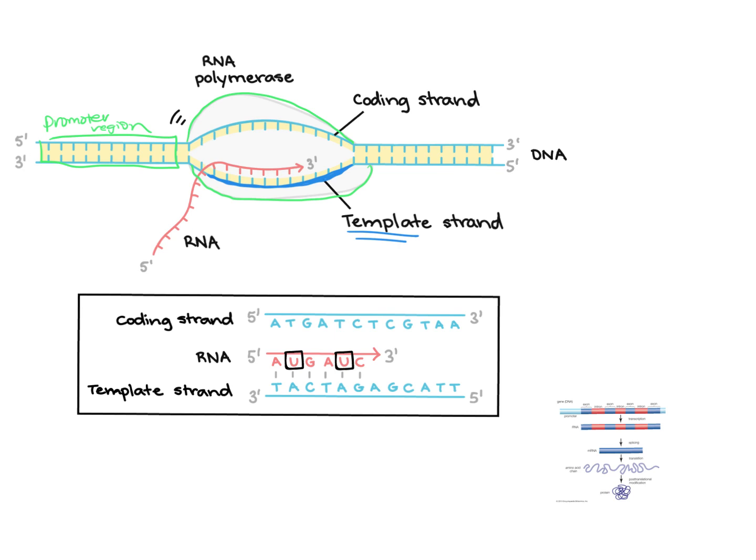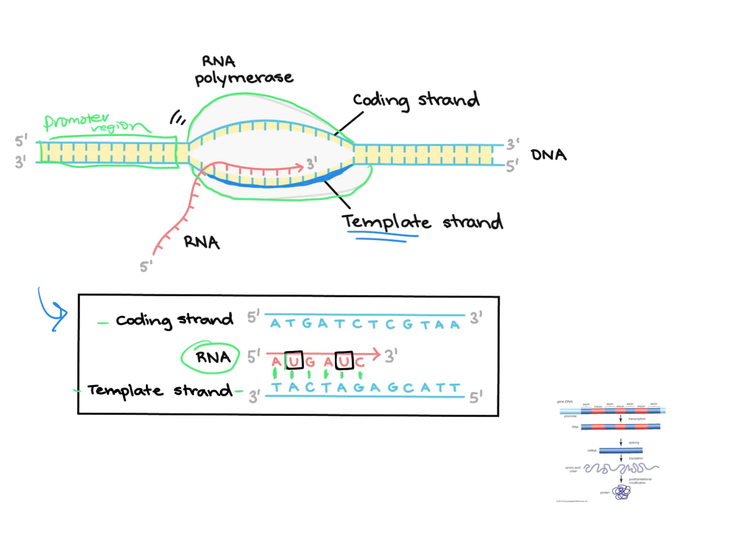So in this box down here, we have the coding strand and the template strand. These are our original DNA. But RNA polymerase is only going to synthesize one strand at a time using the template strand. So you can see here's our RNA. It's got our RNA bases, A, U, G, A, U, C, because it's complementary.